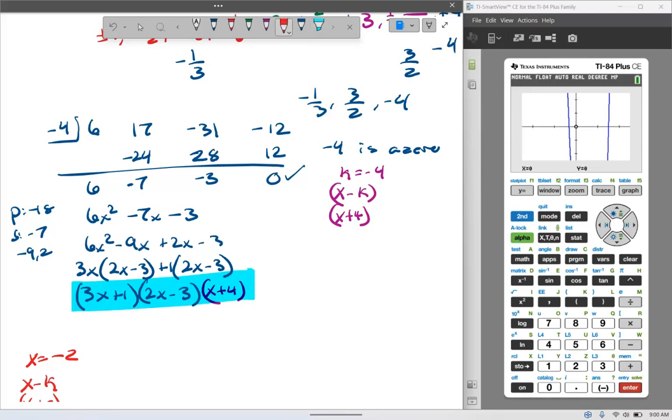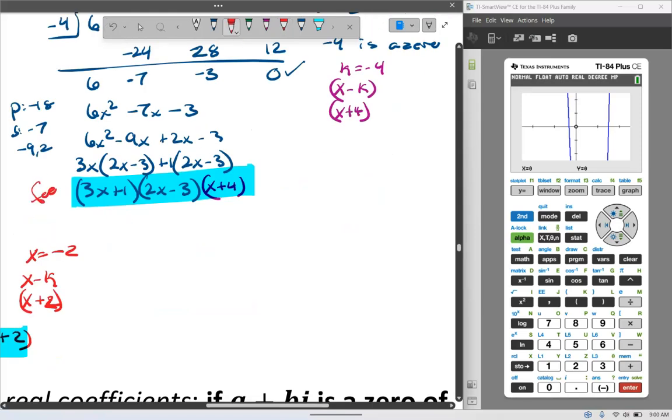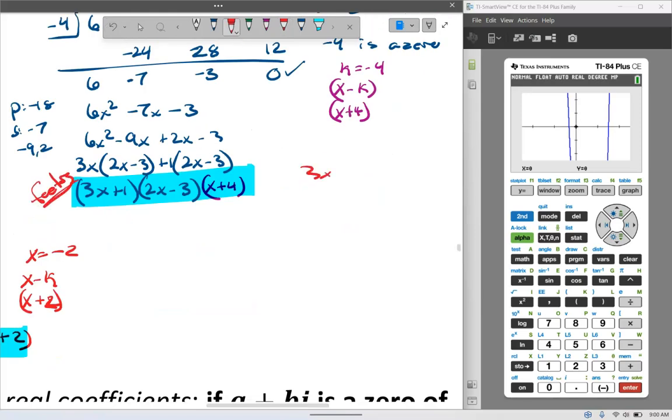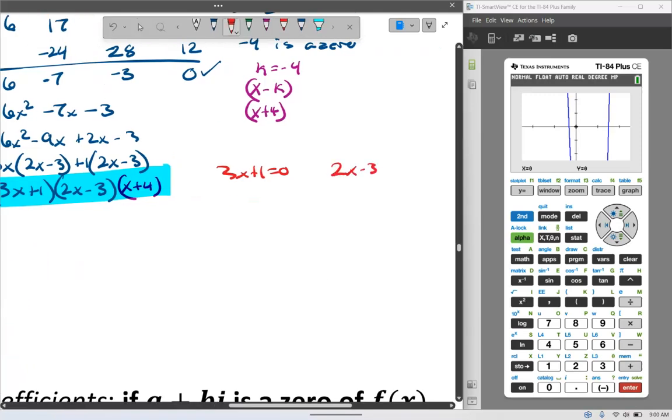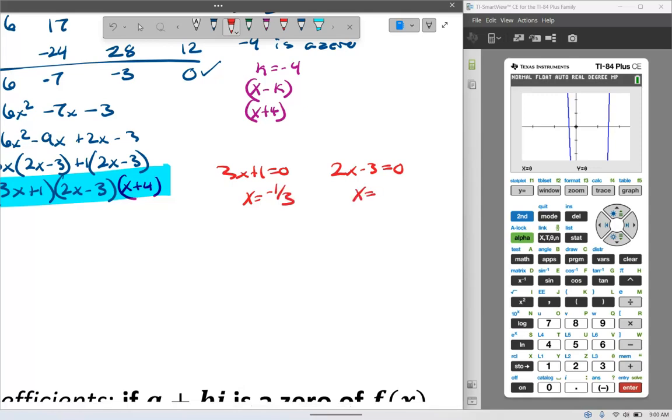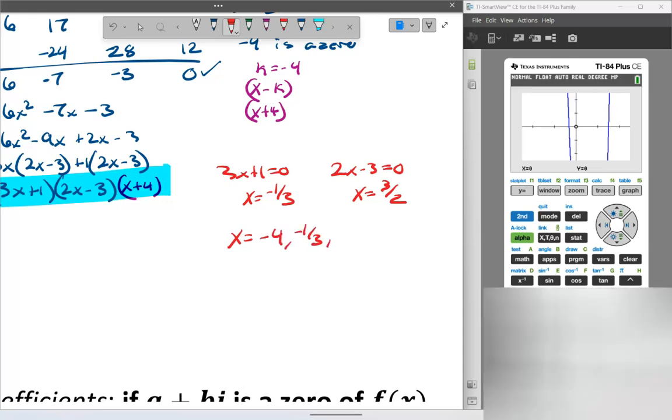Now let's go ahead and finish solving to find the other zeros. So 3x plus 1 equals 0, and 2x minus 3 equals 0. So x equals -1/3, and x equals 3/2. So x equals -4, -1/3, and 3/2.